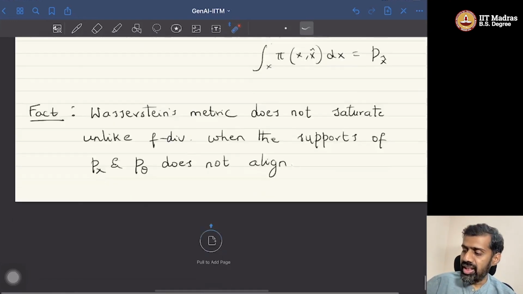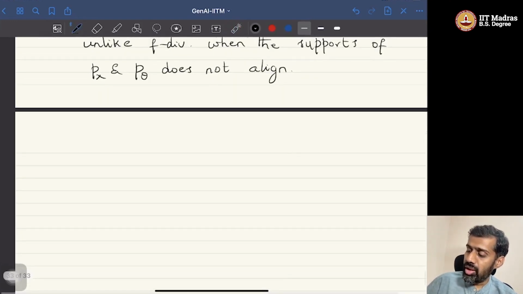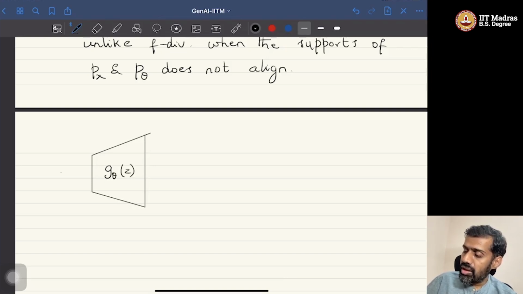a generative model, right? So how do we build our generative model? We have the exact same formulation where we have a sampler which we are calling g theta of z, and this is taking z as an input, and we are getting x cap from p theta. We have the same setting here, right?